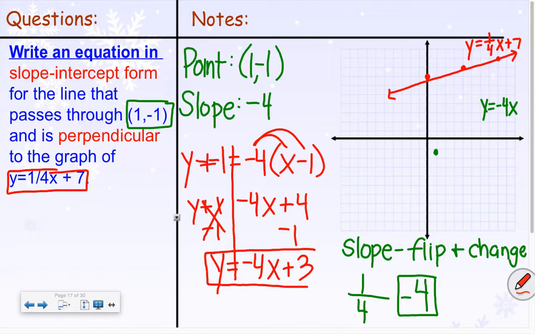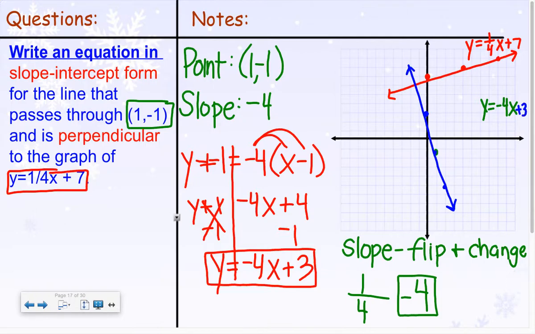All right, let's graph this new line and see if they end up perpendicular. So I put my first dot on 3, rise -4, run 1, rise -4, run 1. Yes, they were perpendicular. So my new line ended up with an equation of y equals -4x plus 3.